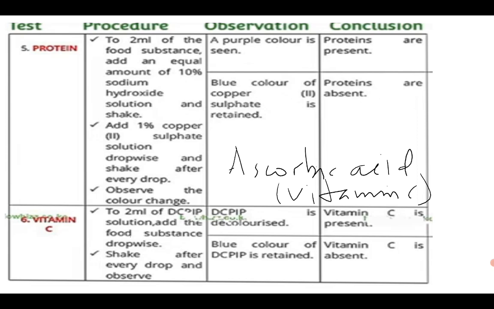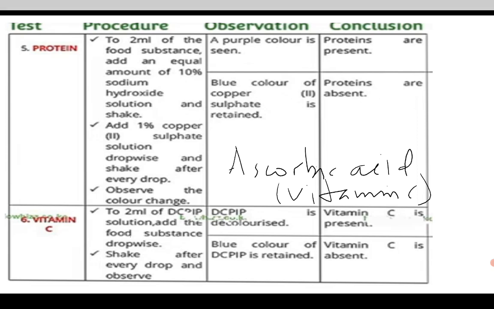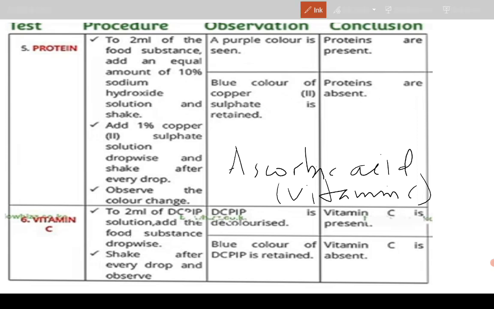By the way, DCPIP is an abbreviation. It's a long name.